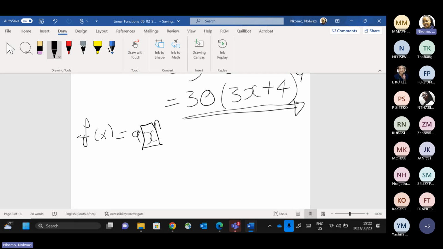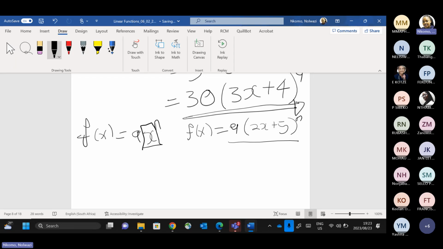So it means we have something like this. Our f of x was a into (2x plus 5) to the power n. If you have a function like this, you need to apply the chain rule.